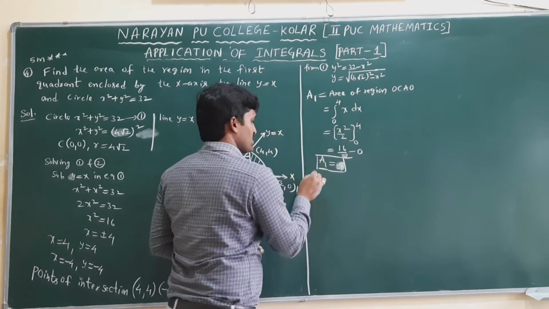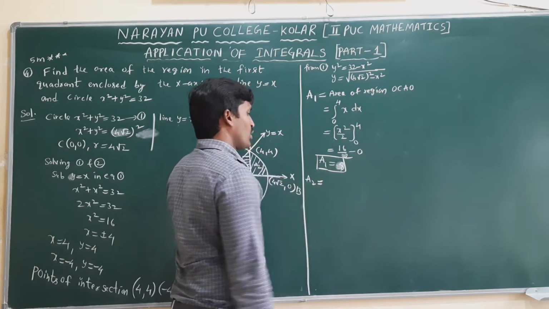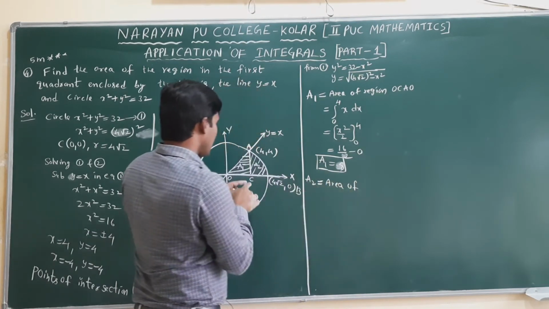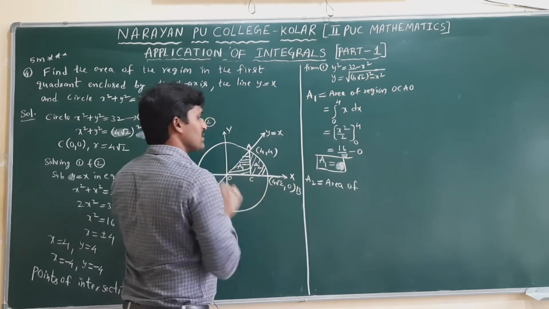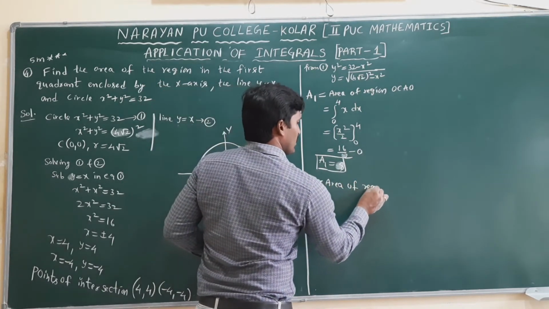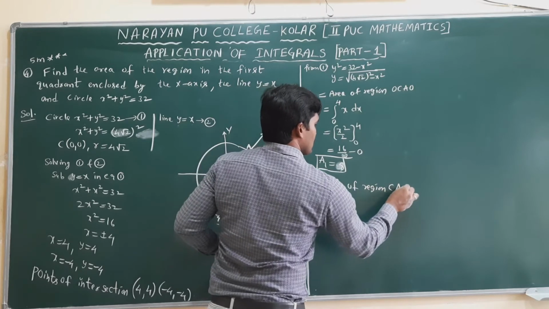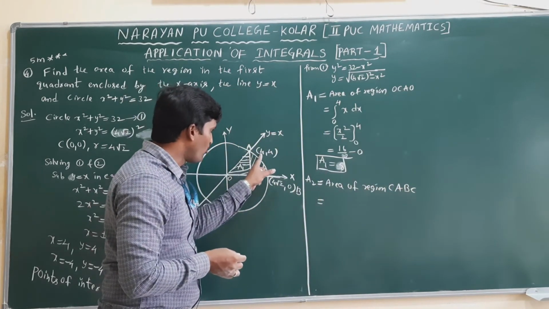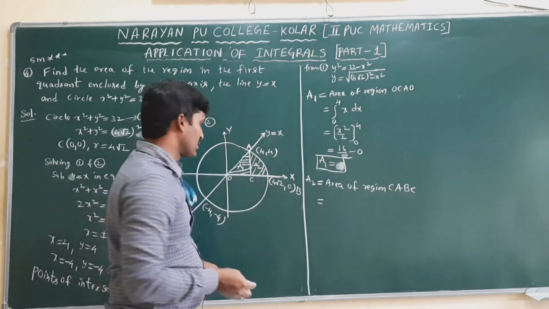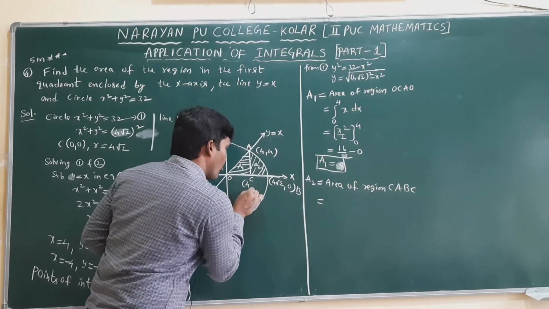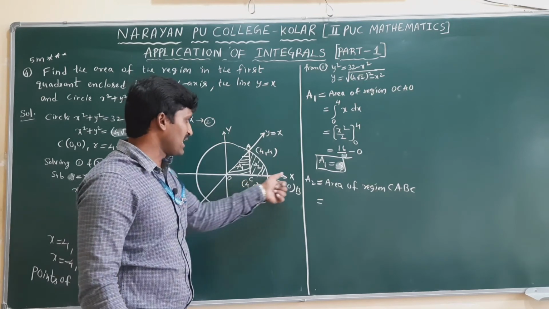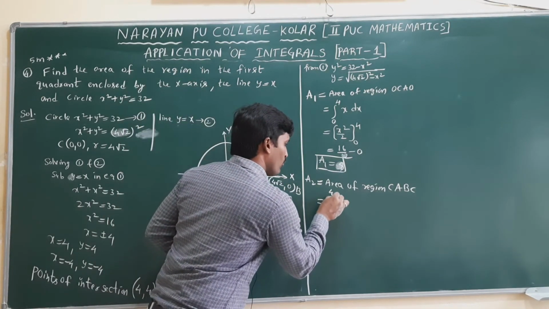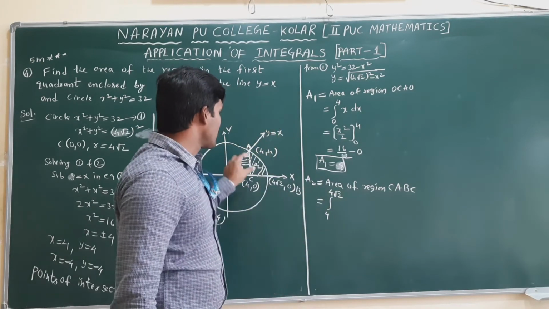Next A2. How to find A2? Area of region CABC, the closed part. For this the limits are from 4 to 4 root 2, because the point C is clearly 4 comma 0, lying on the x-axis. From 4 to 4 root 2, only the curve is present here.